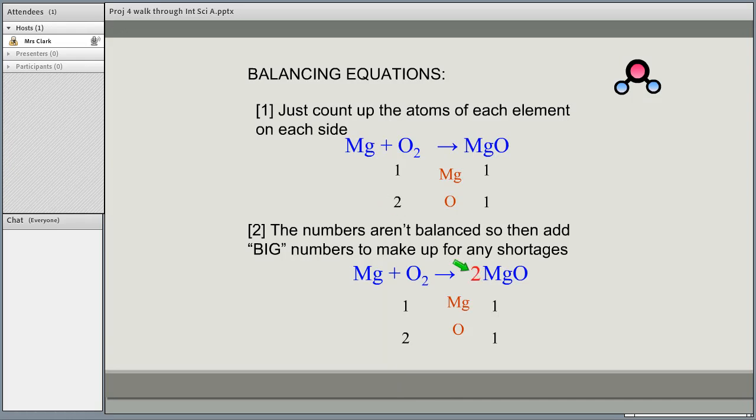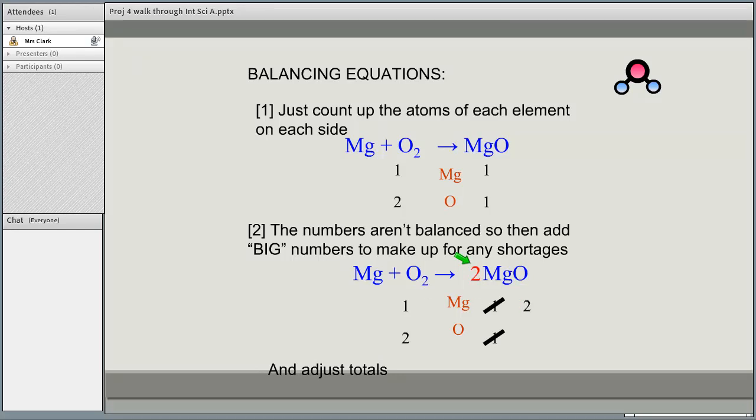These are what we call subscripts, and those you cannot change, but these are coefficients, and you can change those. So if we make this 2, then we have to change this to 2 magnesium and 2 oxygens. Okay, so then our oxygens are the same, but now our magnesiums are going to be different.